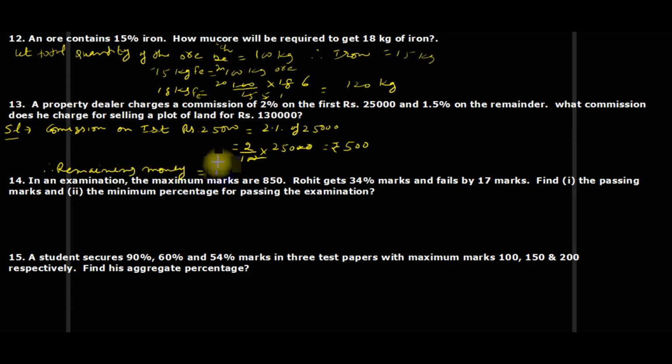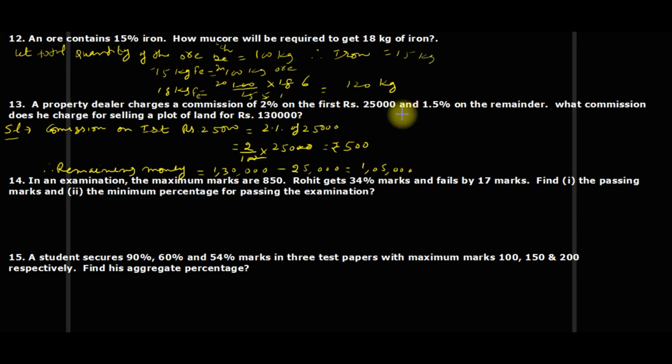Remaining money, therefore, we will deduct rupees 25,000 from 1,30,000. This would come out to be 1,05,000. Right? So now he will earn 1.5% on the remainder money.